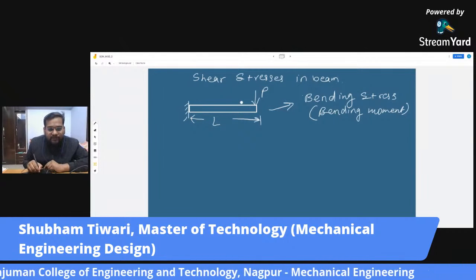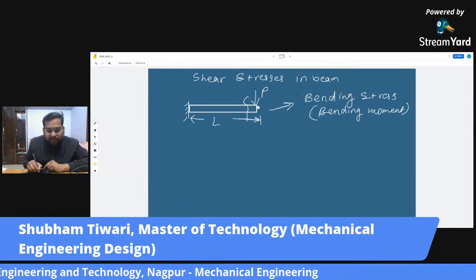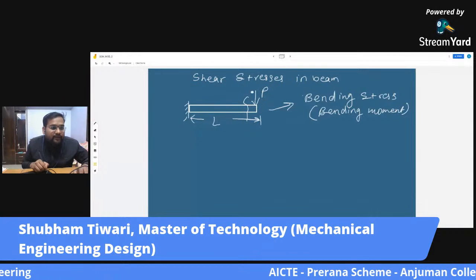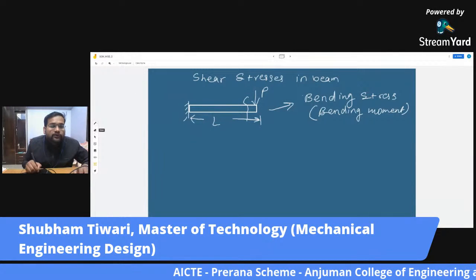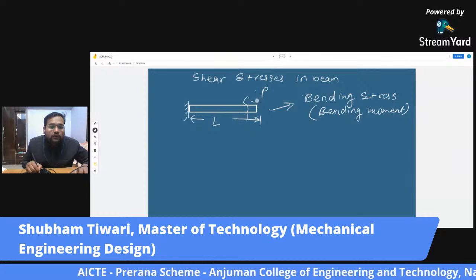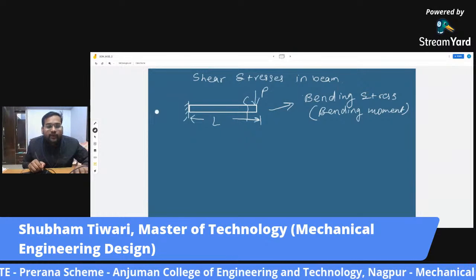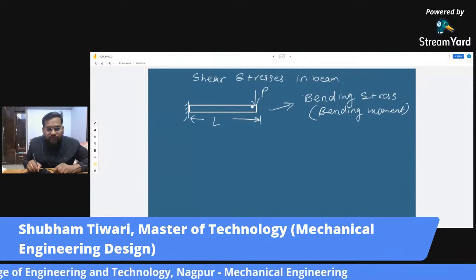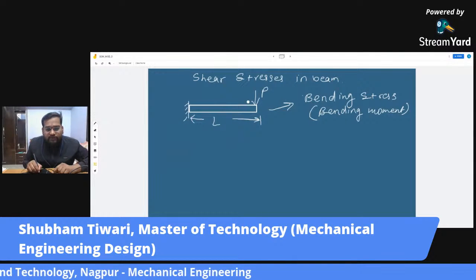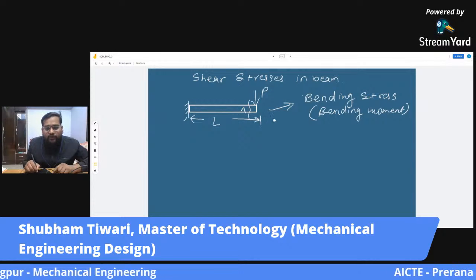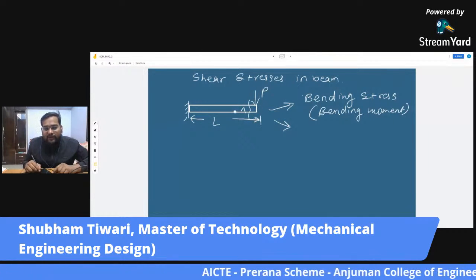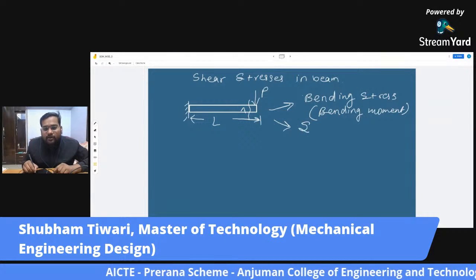The other stress is your shear stress, because if this force is applied somewhere, let's say not exactly at this point, so this is the force, and this is the parallel area which is parallel to it. So the other stress that this beam will be subjected to is shear stress.